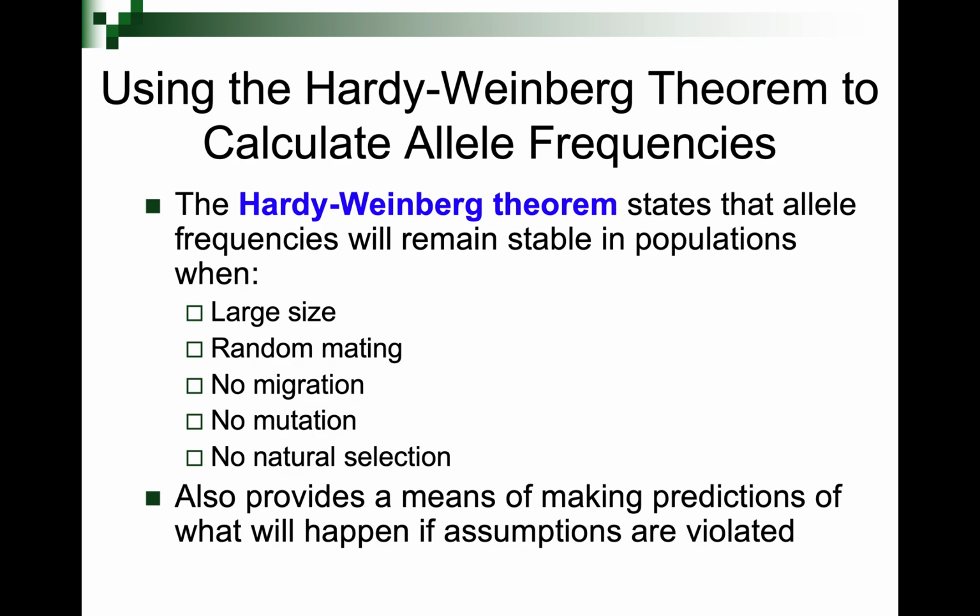The Hardy-Weinberg theorem states that allele frequencies will remain stable in populations when the populations are large, there's random mating within the population, there's no migration into the population, there's no mutation, and there's no natural selection going on. So when you look at this, you realize that all of those assumptions essentially mean that there's no evolution going on within the population, right?